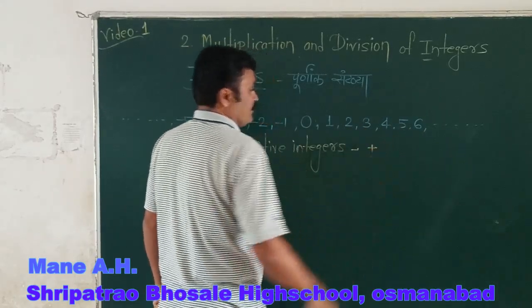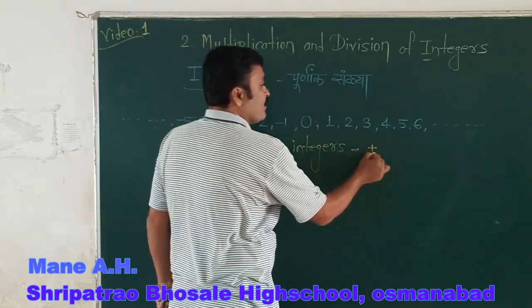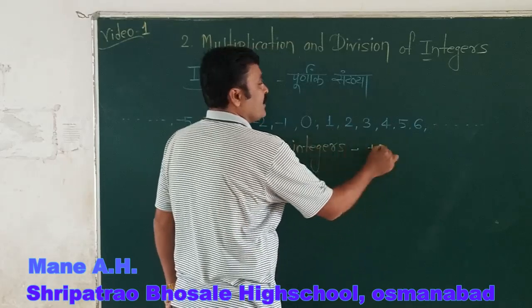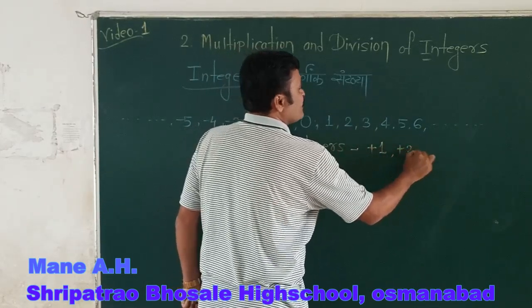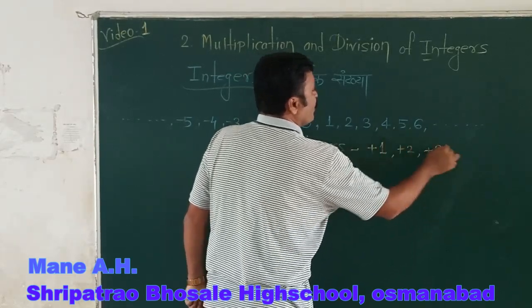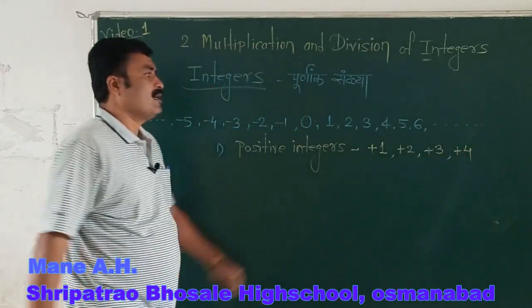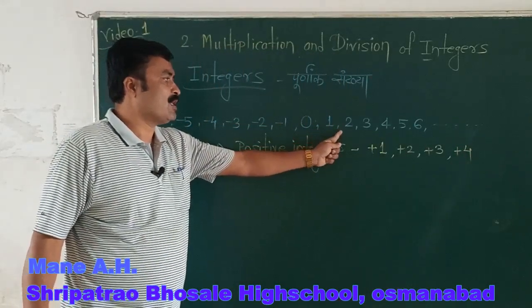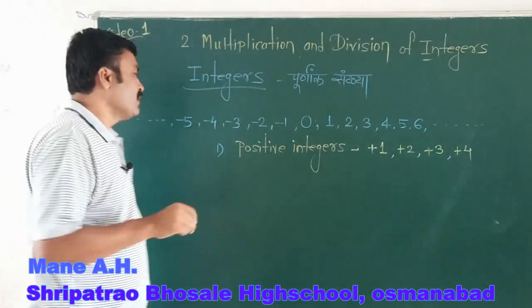While writing a positive integer, we use a plus sign there. So 1, here I am writing as +1. 2, here I am writing as +2, 3 as +3, 4 as +4. That means each positive integer we write by using a plus sign.